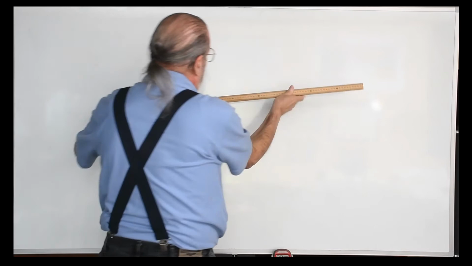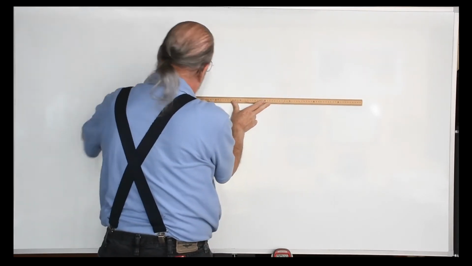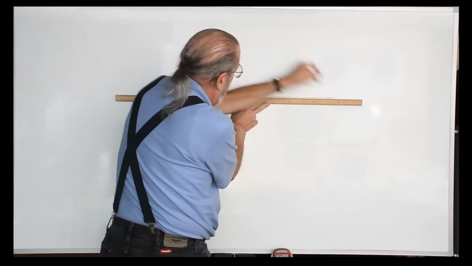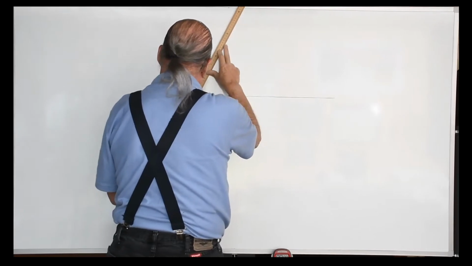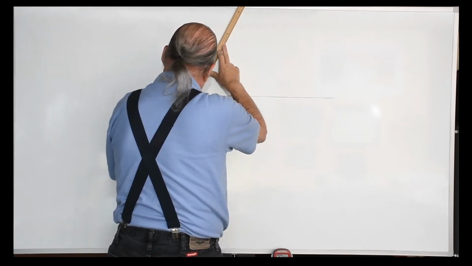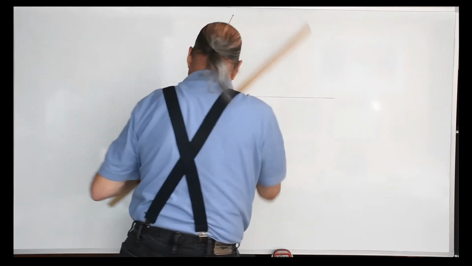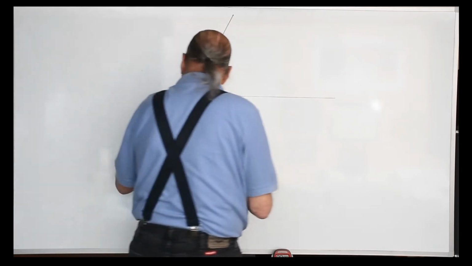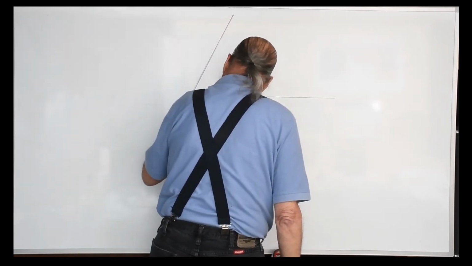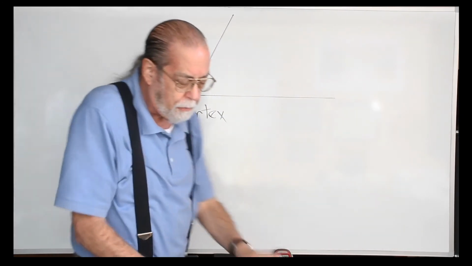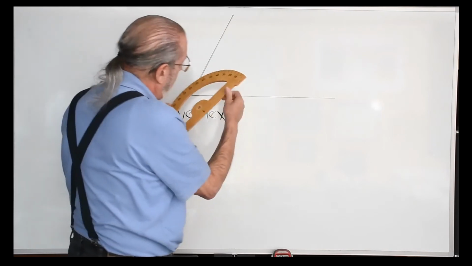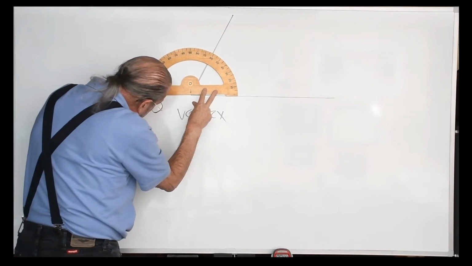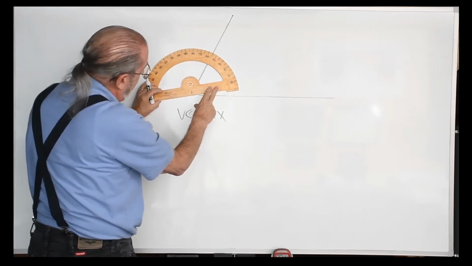Again, for today's exercise, one side of our angle is going to be lined up along the positive x-axis. The other side will be whatever. This has a vertex over here. And to read our angle, we take our protractor, we line up the vertex point of the protractor with the vertex of the angle, and we make sure that it's not tilted.